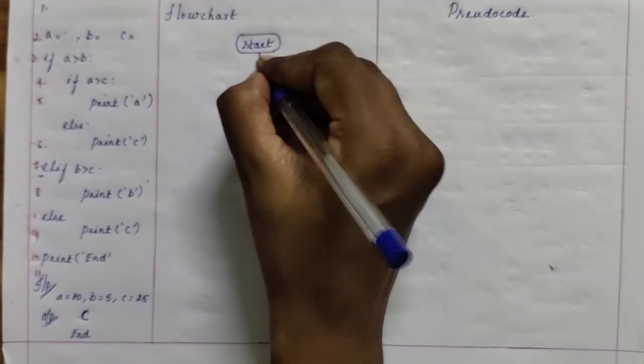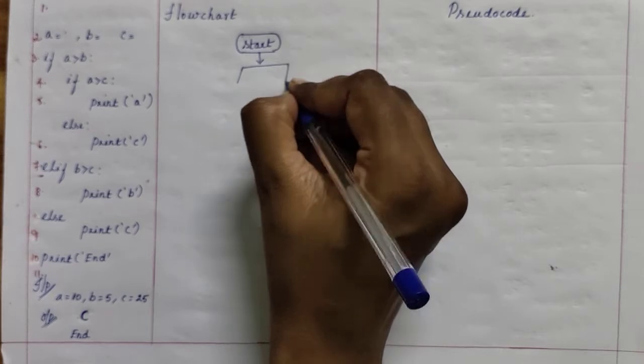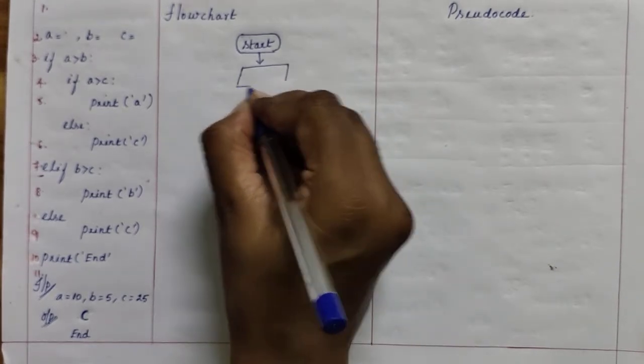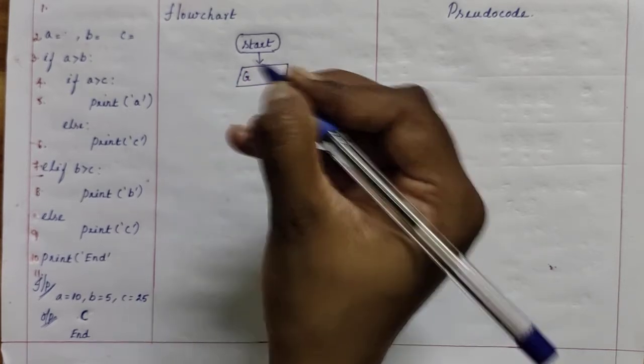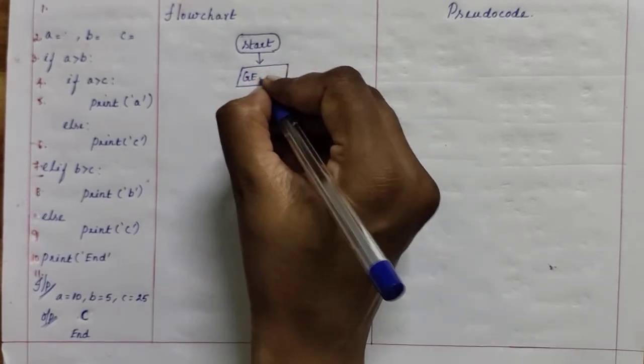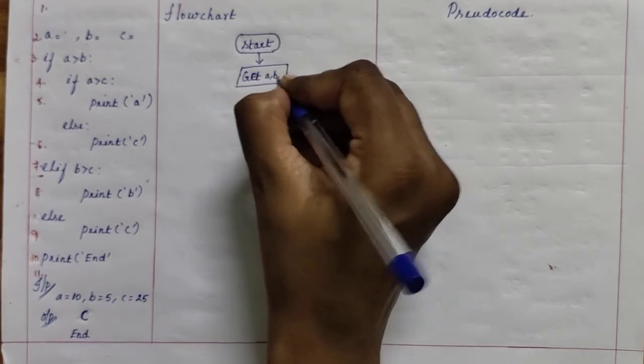Then input. For input we use the input/output symbol, that is the parallelogram, and write get or read a, b, c.